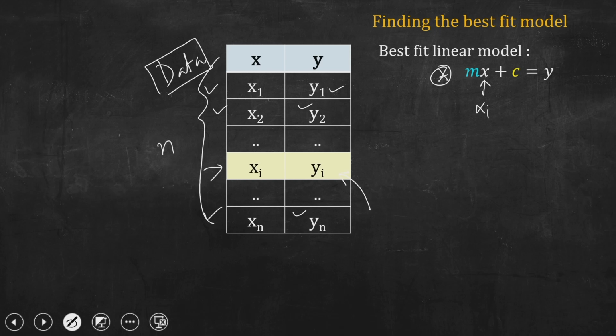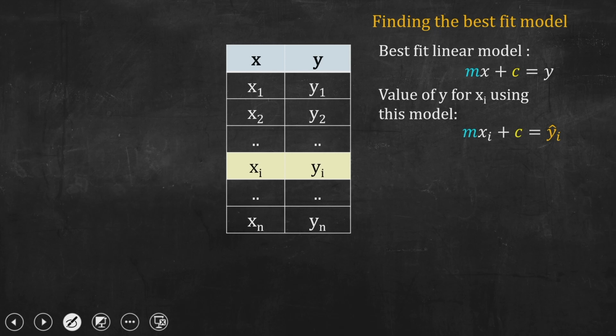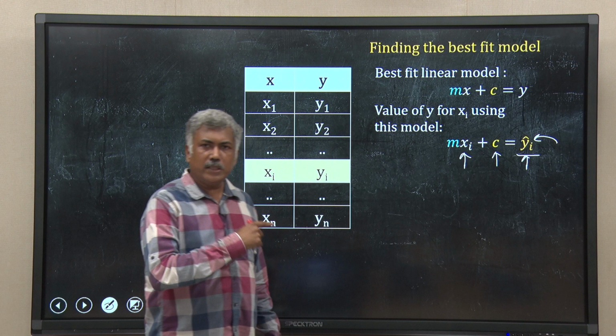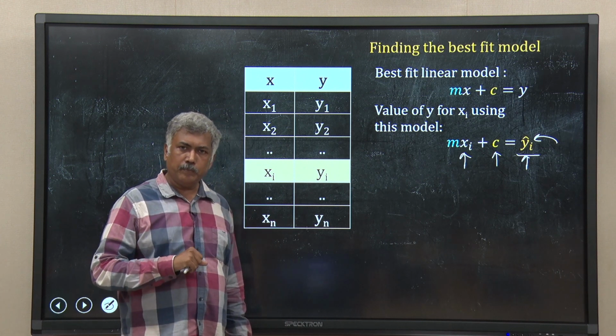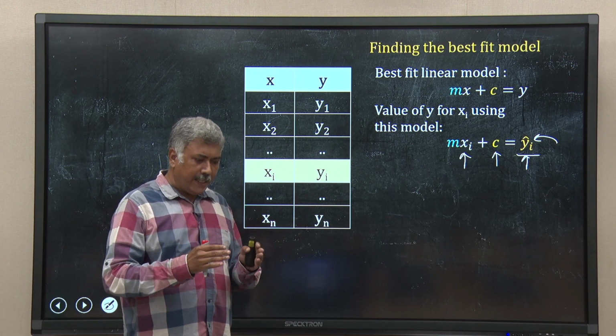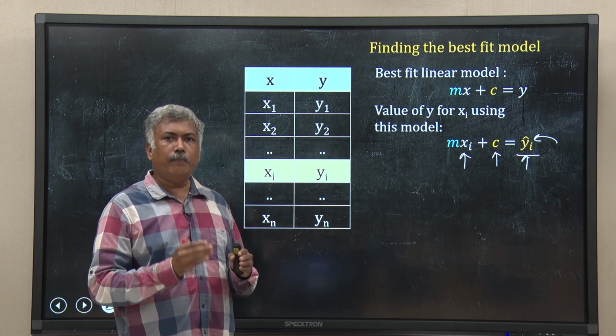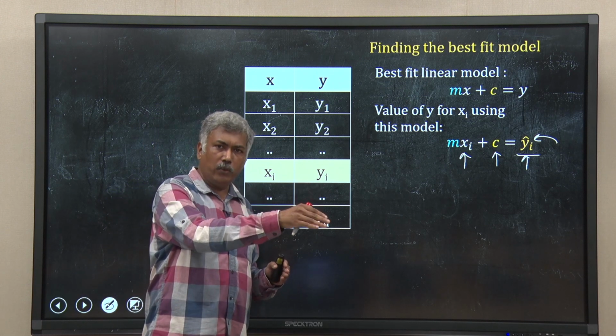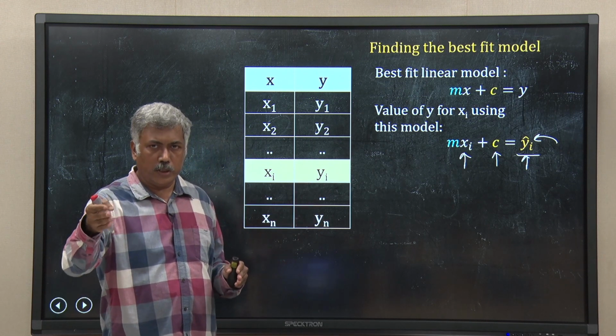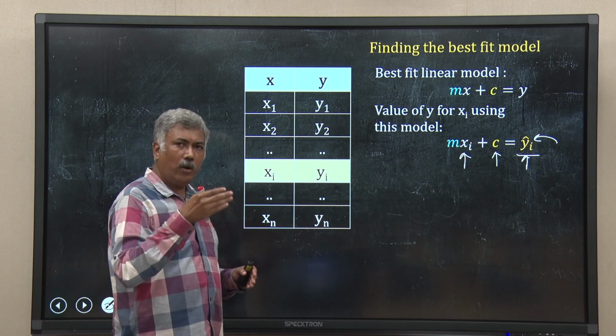So, let me write it down. I have put the value of xi and added the value of c that I have assumed, and I have got a value of y which I will mark as yi hat, because that may not be same as the yi which is in the data. So, as I said, my yi hat is coming by putting xi into the equation, and possibly most of the time it is not equal to the original yi.